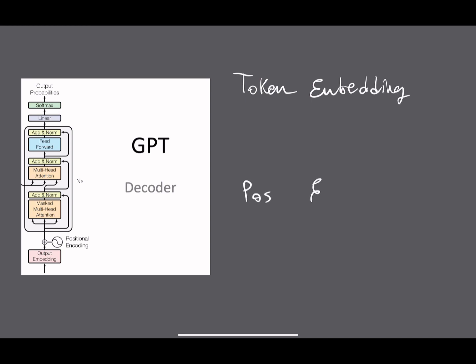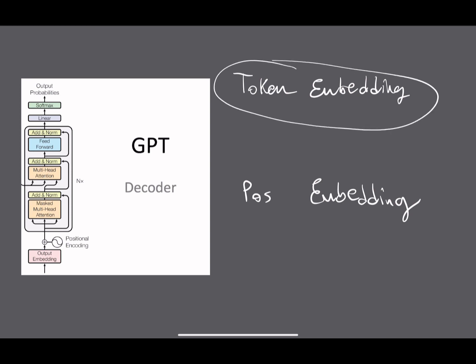So we'll discuss this one over here. And the goal of these embedding layers is actually to learn or train feature vectors. Specifically for the token embedding layer, the goal is to learn or train a feature vector for every single token in our vocabulary. So let's say we are doing a word level language model.